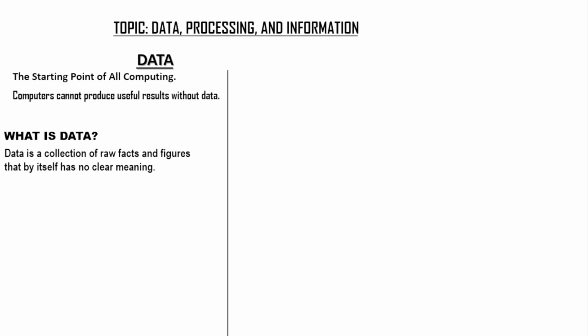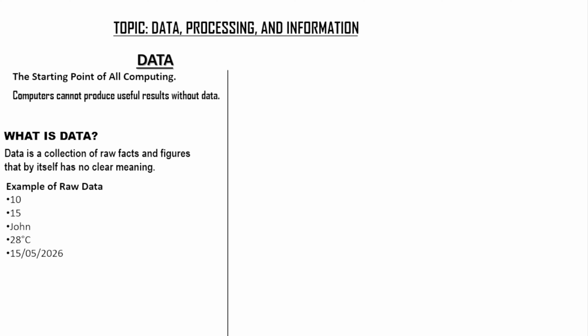So in simple terms, data is raw facts and figures. And the important phrase here is raw fact. That means the data has not yet been interpreted. It has not been organized, and it has not been processed into something meaningful.